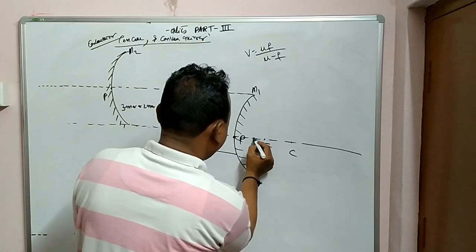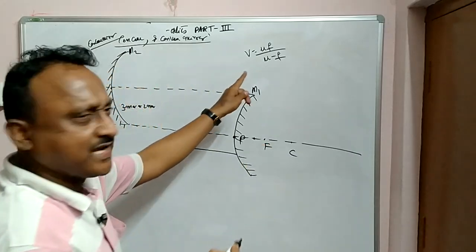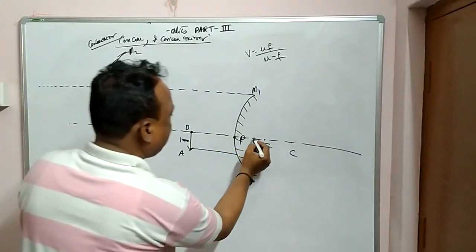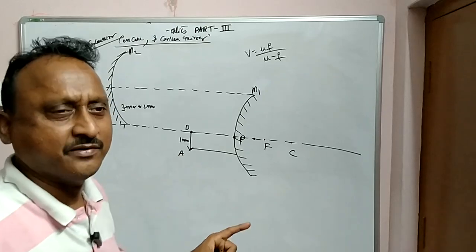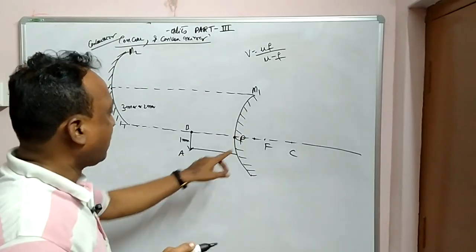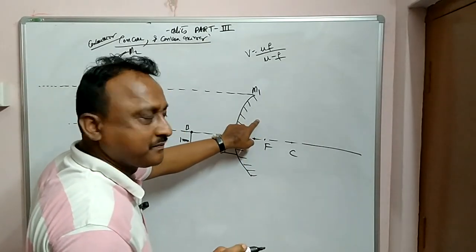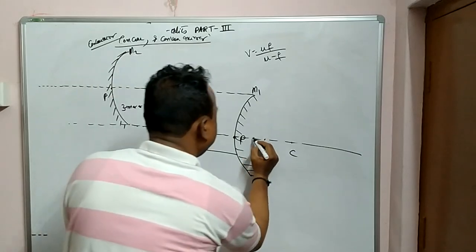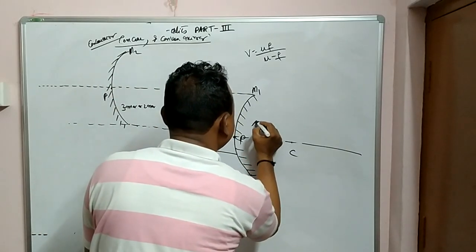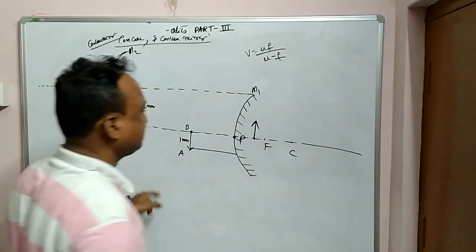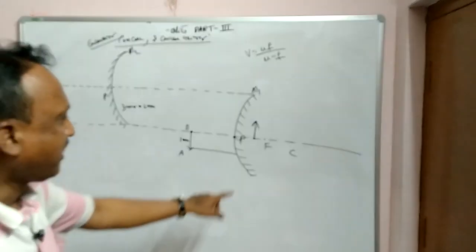Suppose somewhere you have got the image like this. That image comes on the right side, and you will get a plus value. If the value is plus, you have to draw the image like this.